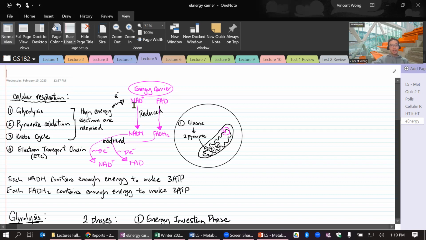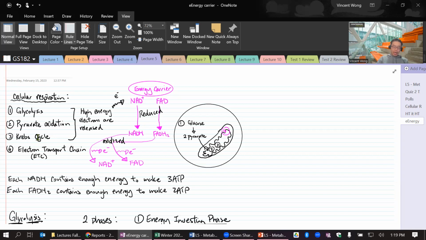You can either use an NAD plus or an FAD, and you capture all these electrons and you take them to the ETC, the last step. In the last step, I'll show you what happens to those electrons. Along the way, that's the primary purpose, right? In glycolysis, you create 2 NADH, pyruvate oxidation, an additional 2 NADH. And then for Krebs cycle, you get 6 NADH and 2 FADH2.